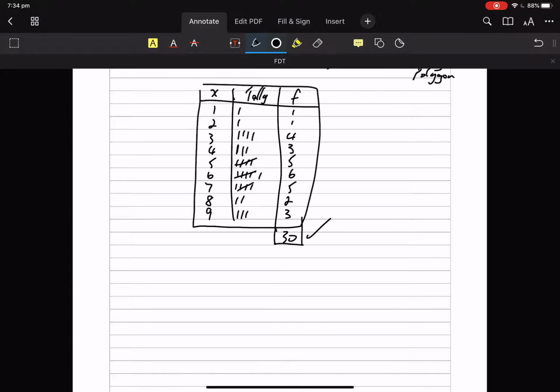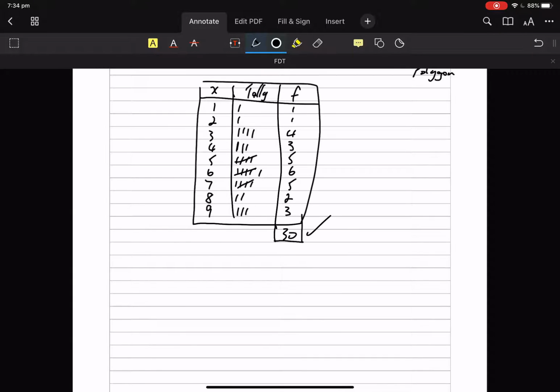Now we're going to do a histogram. You can see here that our bins of our histogram are going to be that long. So our biggest number there is a 6. So when I'm looking at my scale, I've got to get to a 6. 1, 2, 3, 4, 5, 6.